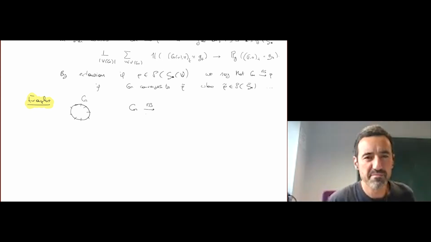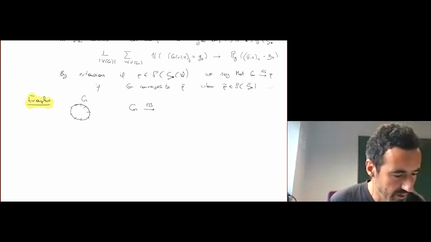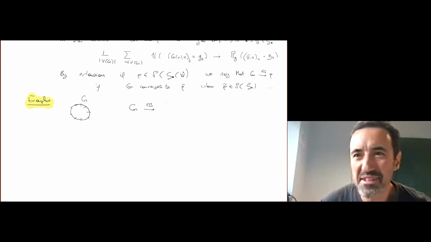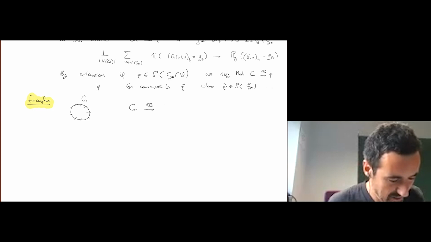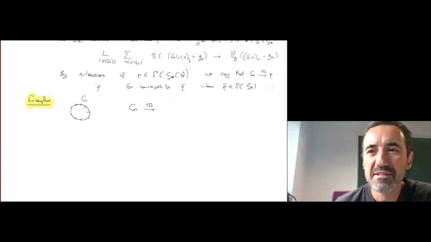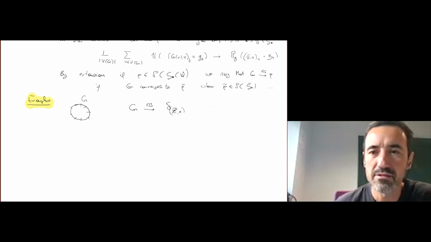Can someone tell me? Okay, so it converges to a Dirac mass at Z rooted at 0. So it converges to the bi-infinite line.